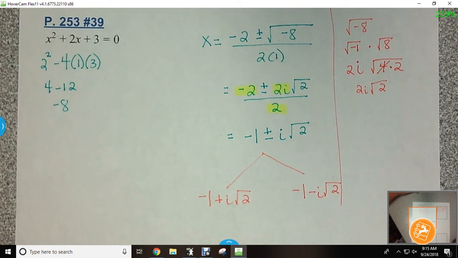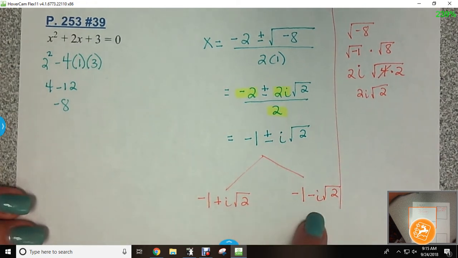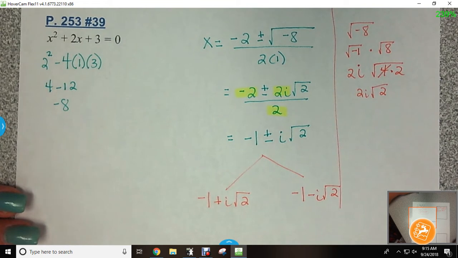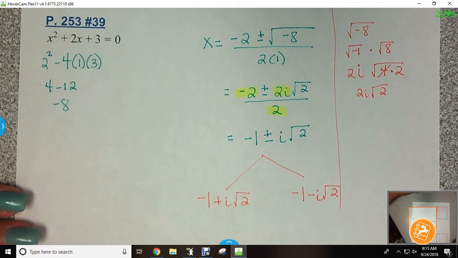And in all of the others, you know, my solution here has also been my x-intercept. Well, do you have any imaginary numbers on the x-axis? You don't. So this would happen to be a graph that never touches the x-axis.